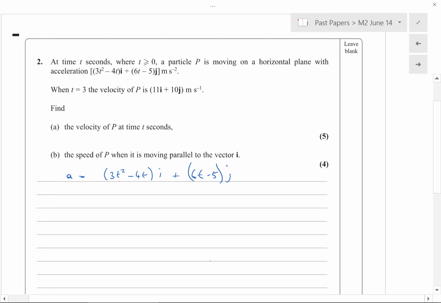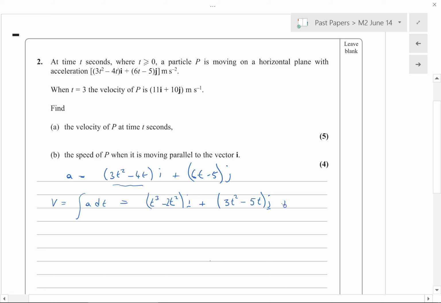Now we can integrate that to get the velocity. Velocity is equal to the integral of a dt. So that equals this bit integrated: 3t squared is t cubed, 4t is 2t squared, i, plus 6t integrated is 3t squared, and 5 integrated is 5t, j.